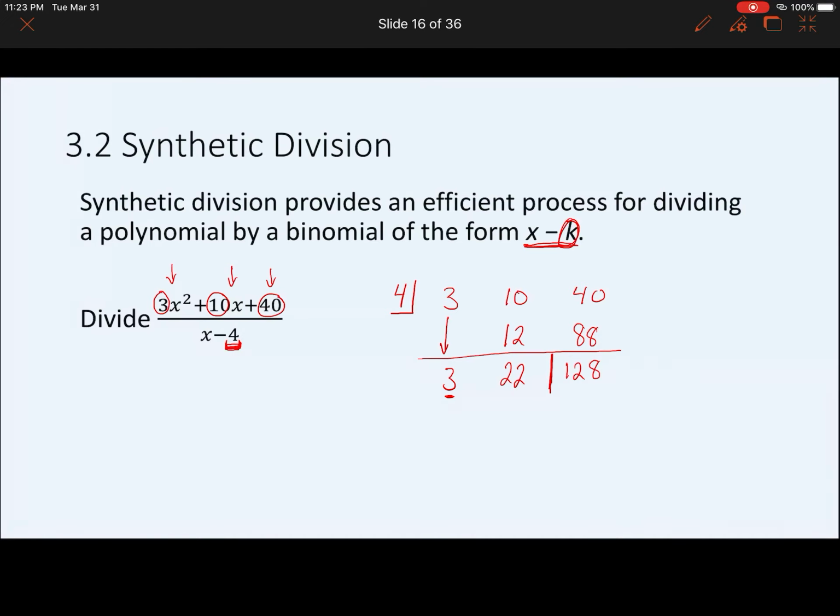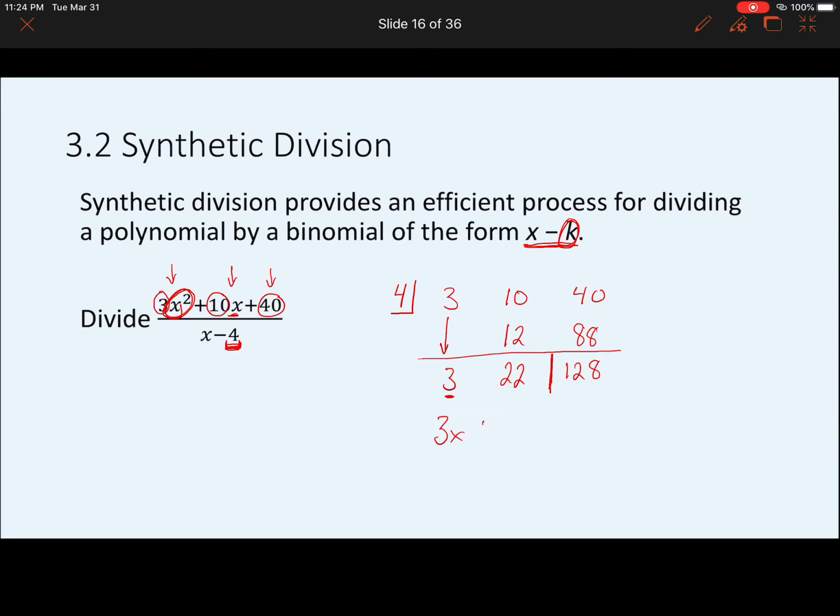And then we're going to add those two numbers. So 10 plus 12 is 22. And then 22 times 4 is 88. And then we're going to add 40 and 88. And we're going to get 128. Now, 128 is the remainder.